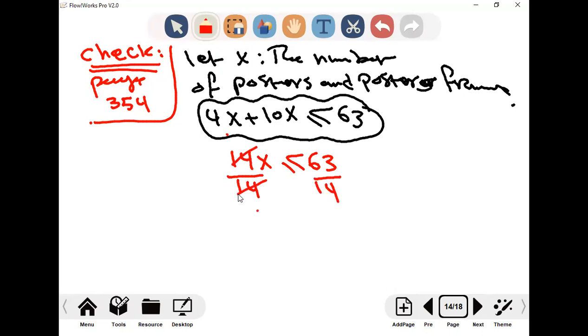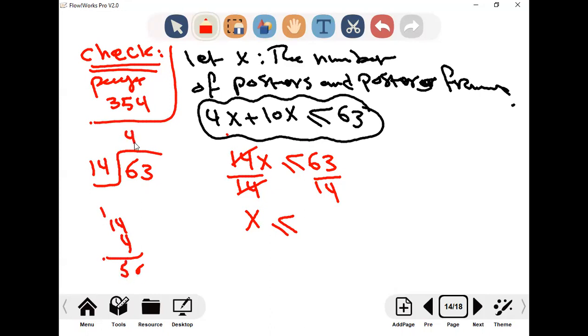Still x less than or equal to 63 divided by 14. 63 divided by 14. 4 by 14 is 56. Subtract, this is 7. Decimal, 5. So 4 point something.